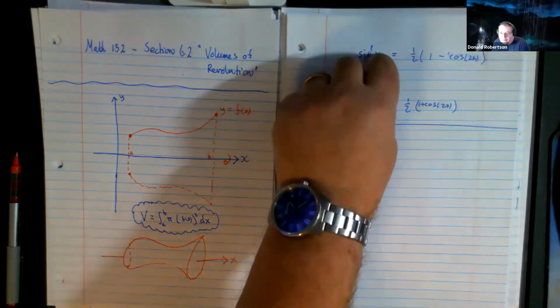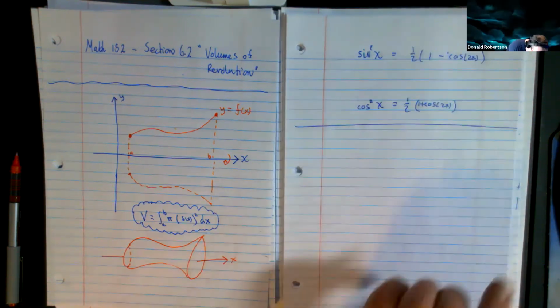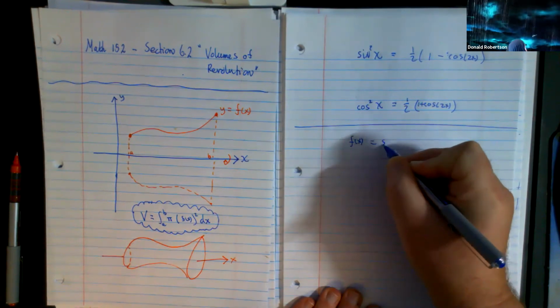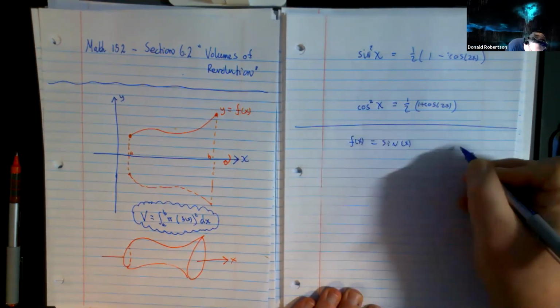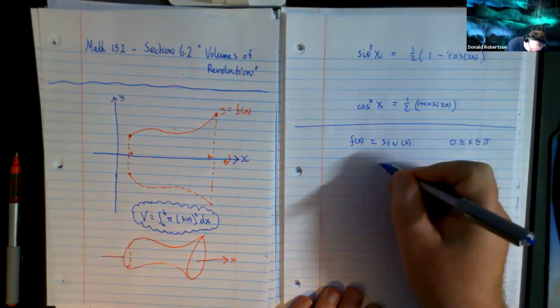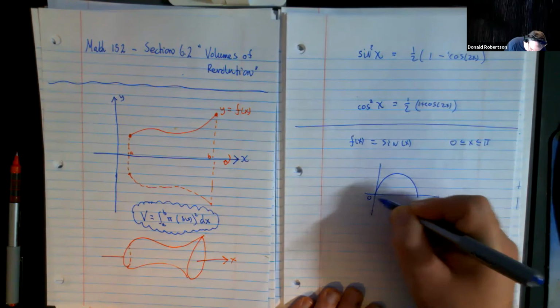And the reason I'm telling you those two is that I'm now about to give you a question where we use one of these. So I'm going to pick a really simple function, sine x. And I'm going to do it from 0 to pi. So if you imagine sine x would look something like that from 0 to pi.